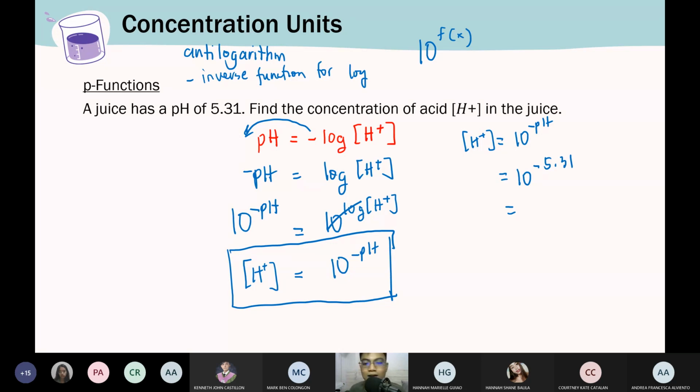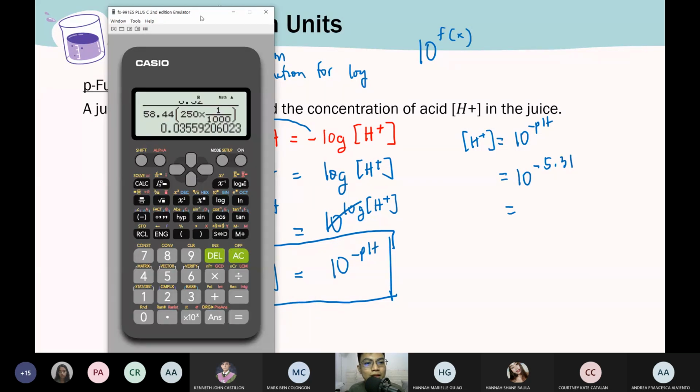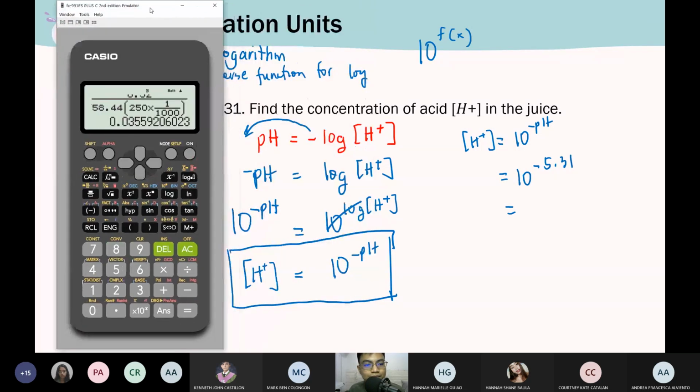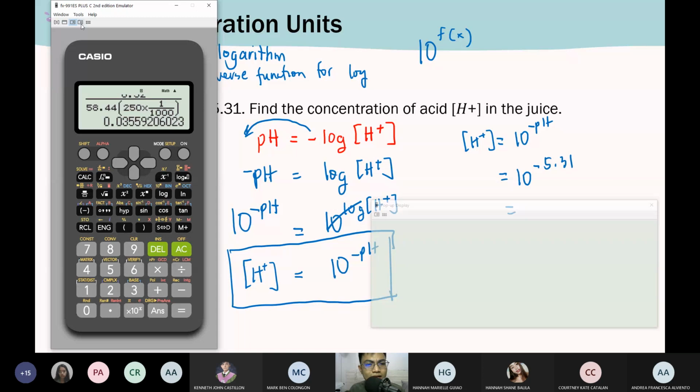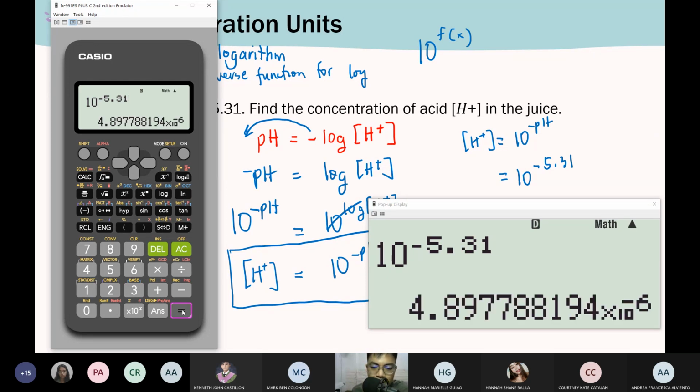So what is the molar concentration? Sabay-sabay napipindot sa calcu. Sabayang pagpindot. Okay? So 10 raised to, ito yung pipindutin kapag raised to, yung x tapos may box sa taas. Negative 5.31. Okay? Yan yung pipindutin nyo.